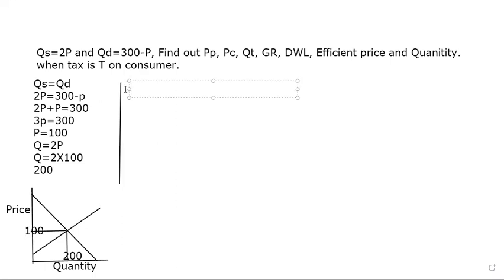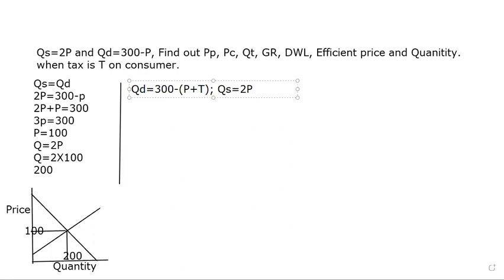So the quantity demand function will change: 300 minus P plus whatever tax is imposed will be added. The quantity supply function will remain the same.